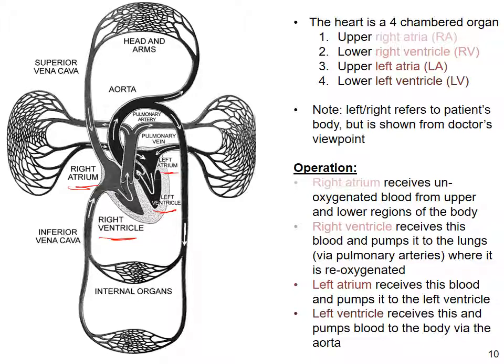The right atrium and the left atrium operate at the same time in phase 1, and in phase 2, the right ventricle and the left ventricle effectively pump together at the same time. So this is kind of operating like a two-stroke or a two-phase engine.